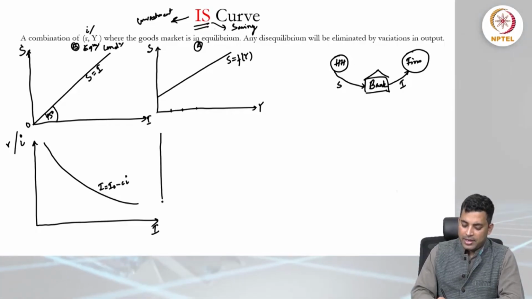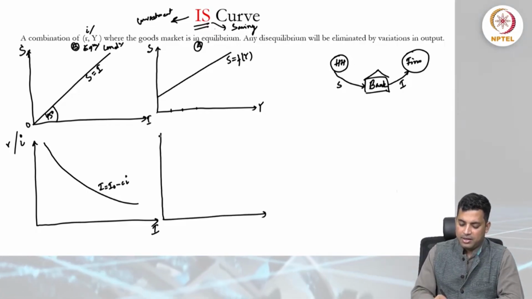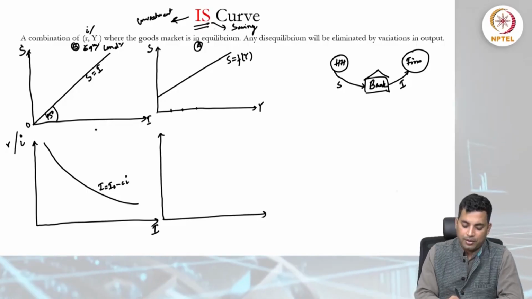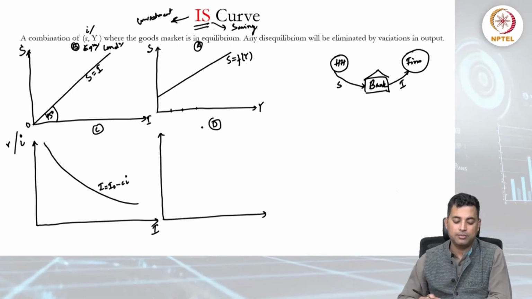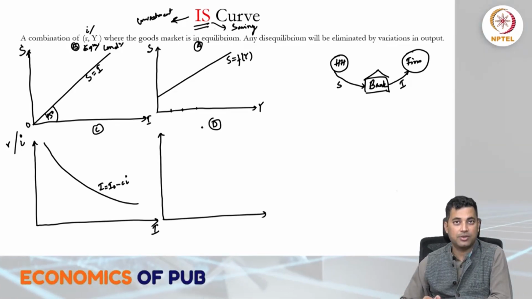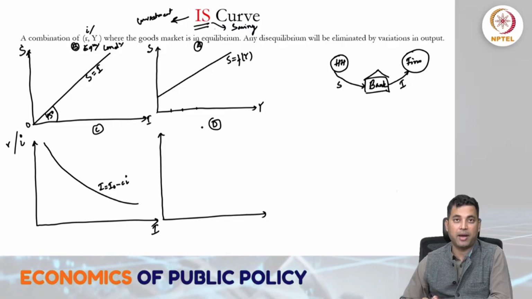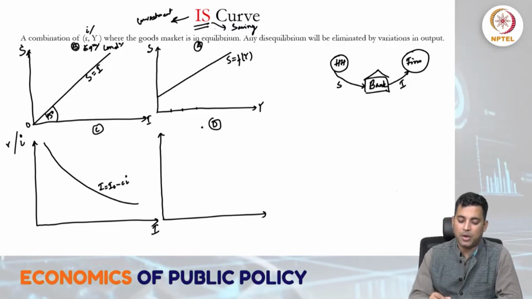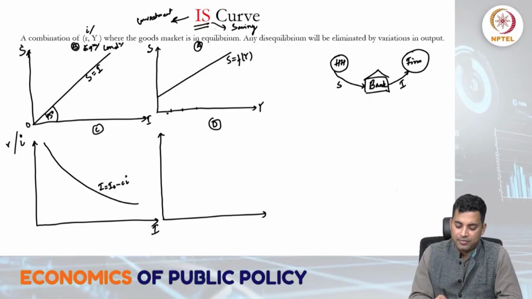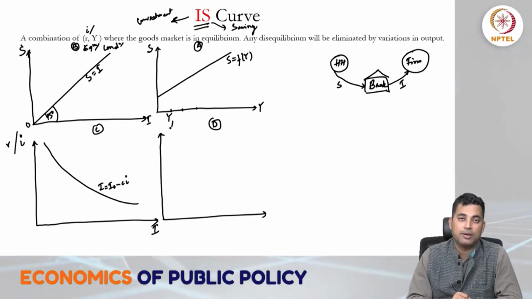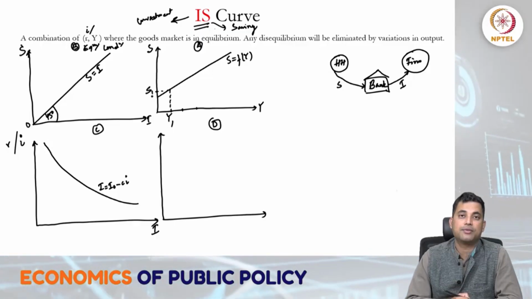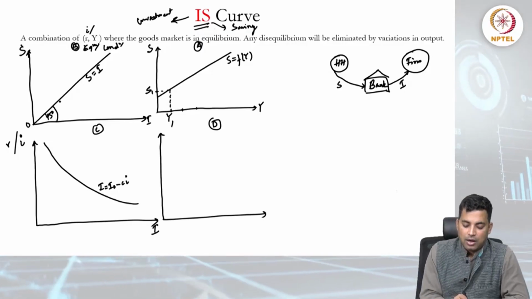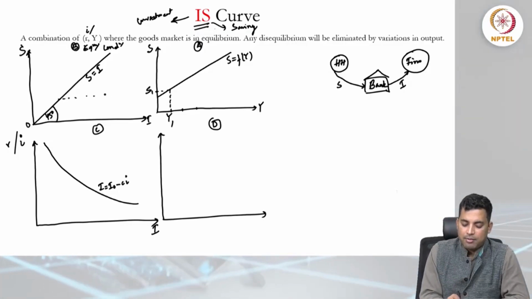Then, combining all three behaviors, we can plot the total goods market conditions in panel D. Now imagine that Y1 amount of national income has S1 amount of savings.